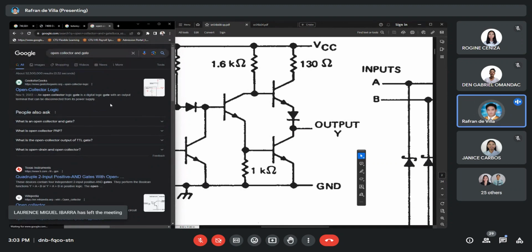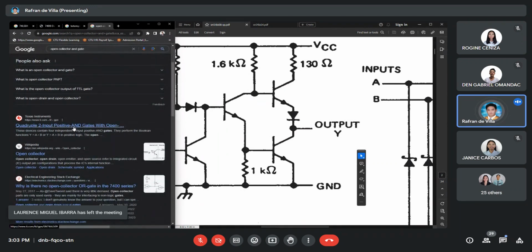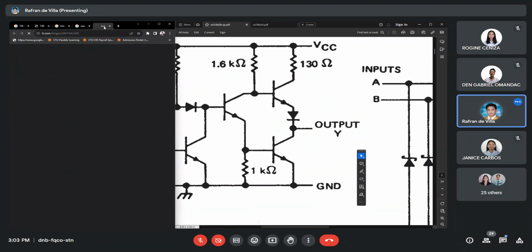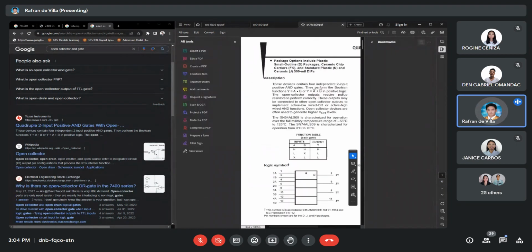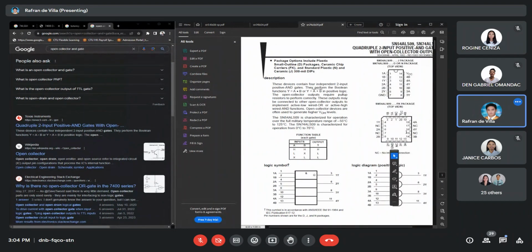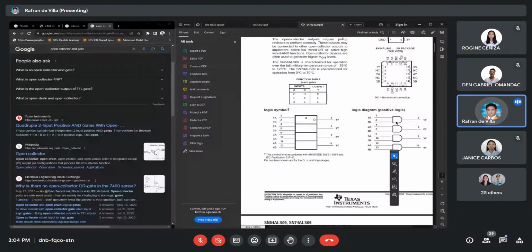Here is an example of that open collector IC. Just so you can see the design. So this is a 7409 IC. As you can see, it's basically just an AND gate.